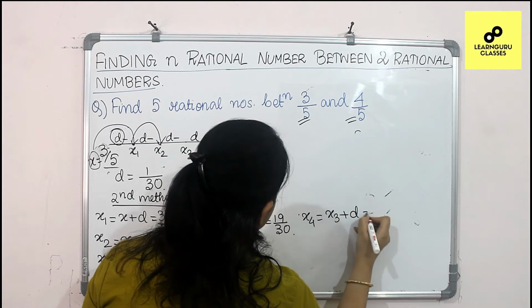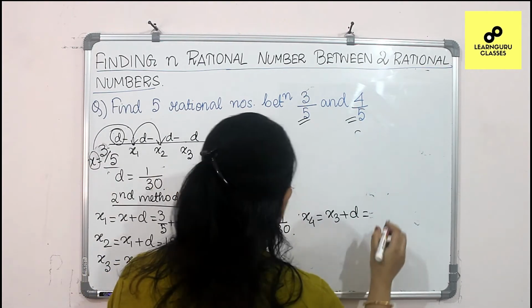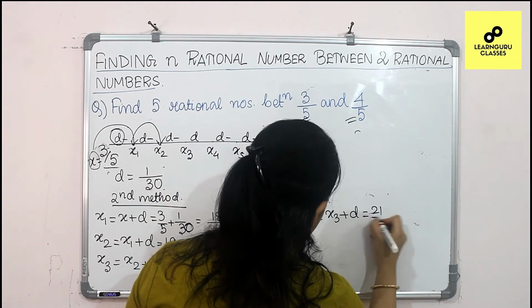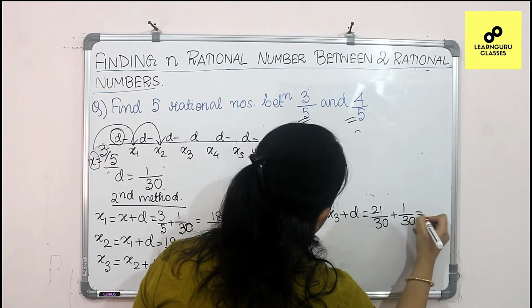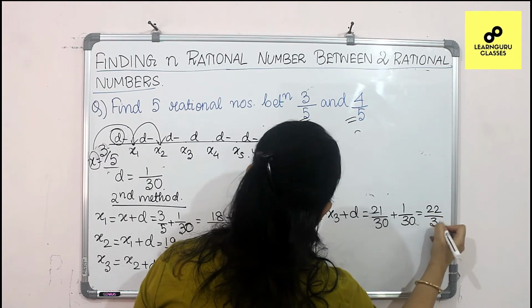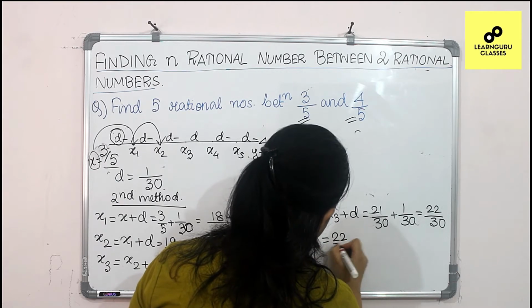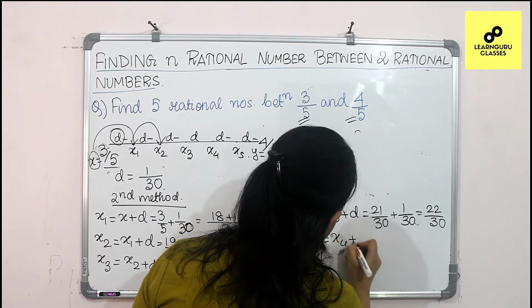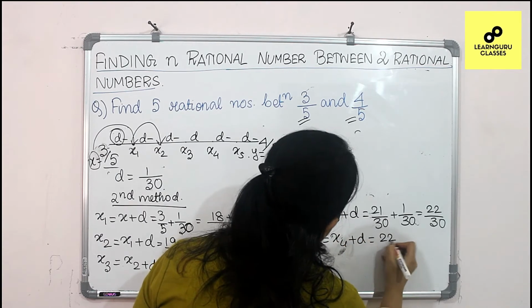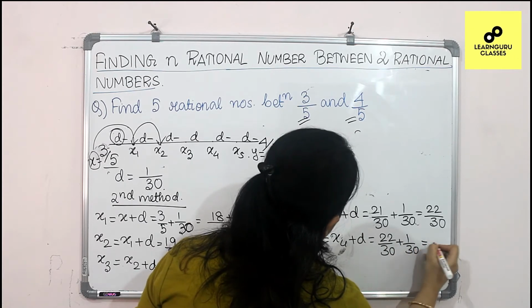So x3 plus d will be what? x3 is how much? 21 by 30 plus d is 1 by 30, that is 22 by 30, and x5 is 22 by 30, or x4 plus d, that is 22 by 30 plus 1 by 30 equal to 23 by 30.